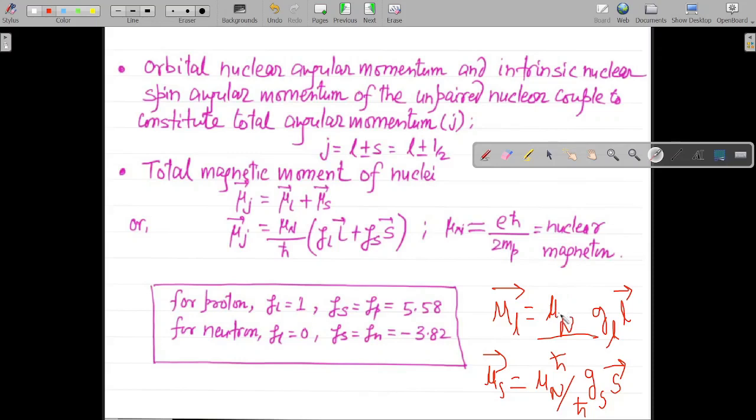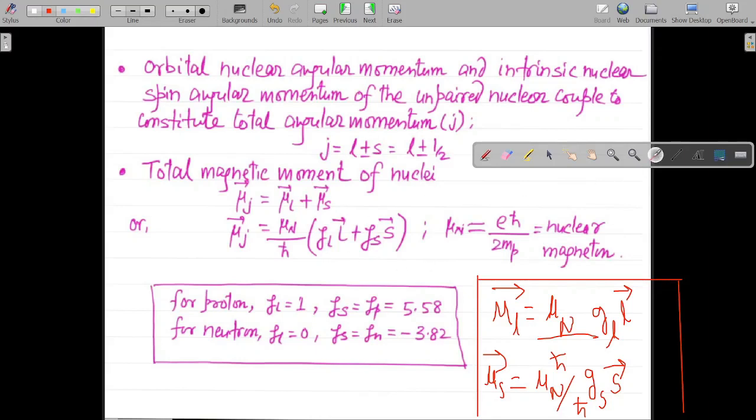So the μL vector equals gL times the L vector divided by ħ, times the nuclear magneton, and the μS vector is gS times the S vector divided by ħ, times the nuclear magneton. These two formulas you should keep in mind.